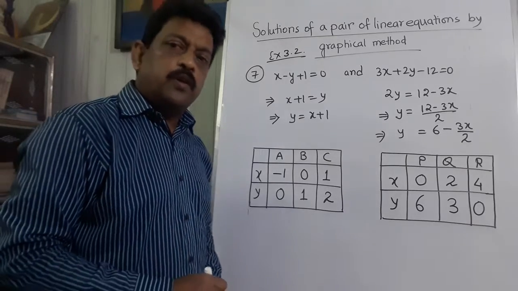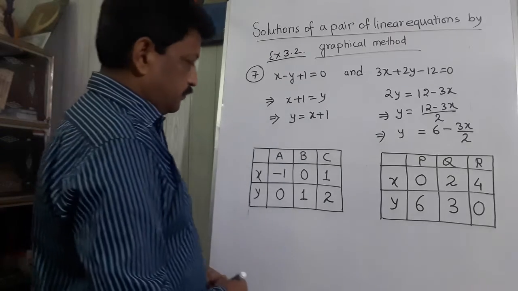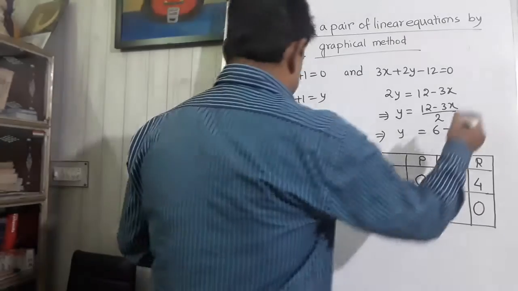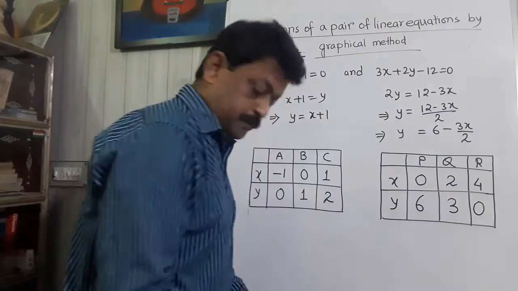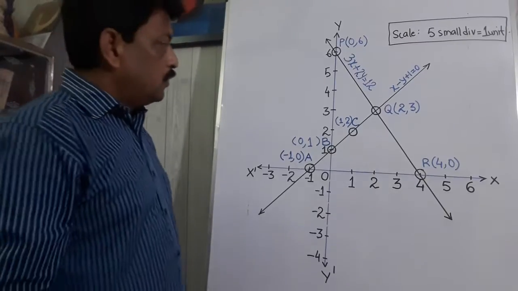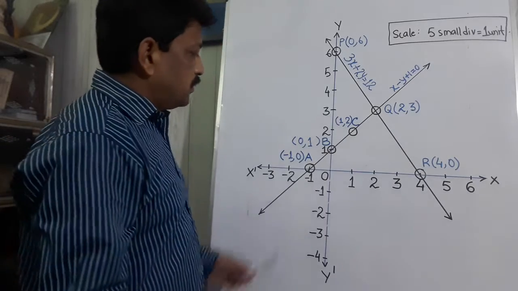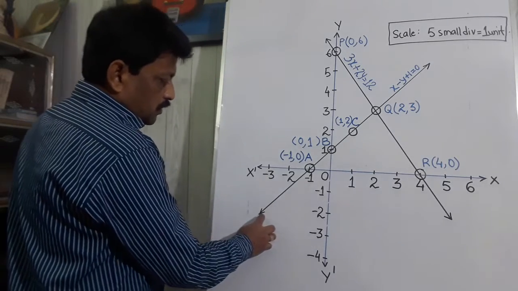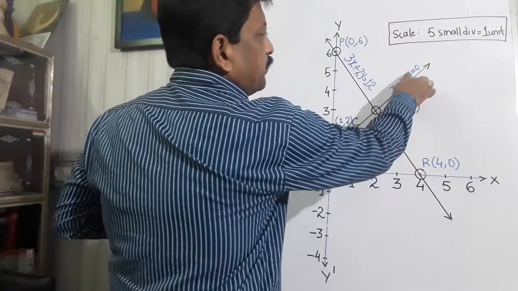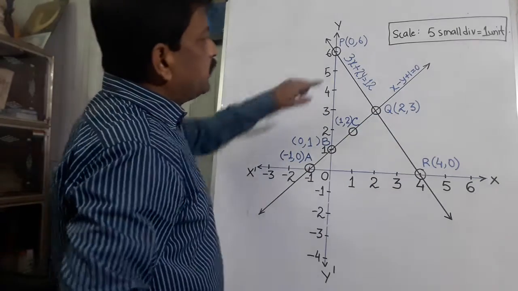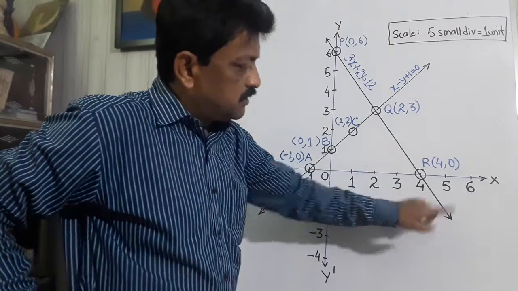So we have got the solution set of both the equations. Now we are going to plot it on the graph paper. So the solution sets of both the equations are plotted. This is the line obtained from the first equation, x minus y plus 1 equals 0, and the second equation, 3x plus 2y equals 12, represents the second line.